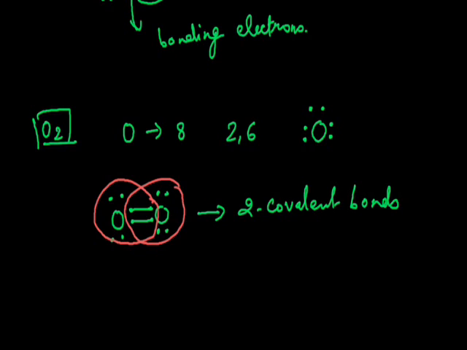From this example we have seen that a covalent bond could be a single covalent bond or it could be a double covalent bond. Next, if we see the example of the nitrogen molecule, we'll come to know that nitrogen in a similar way forms a triple covalent bond.